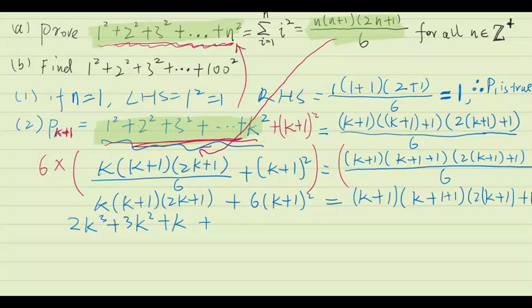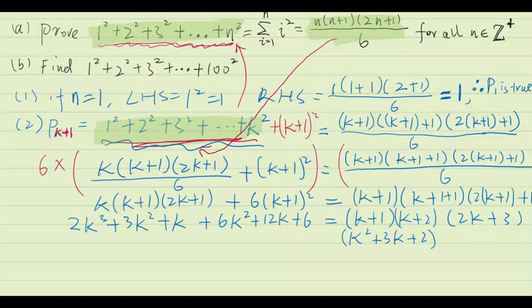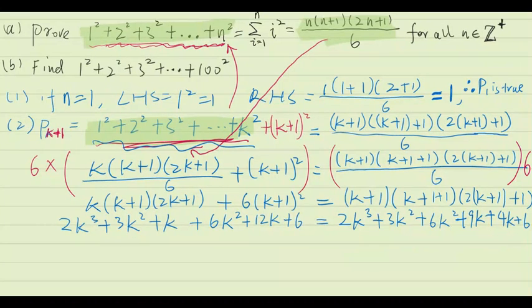Now let's see the right-hand side. We try to expand the right-hand side: this times 2k plus 3 is equal to. Now let's simplify both sides. The left-hand side can be 2k cubed plus 9k squared plus 13k plus 6.